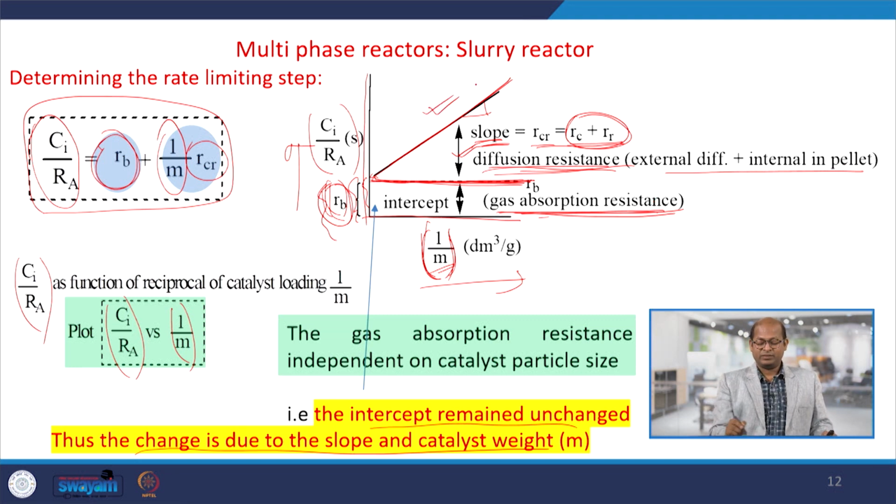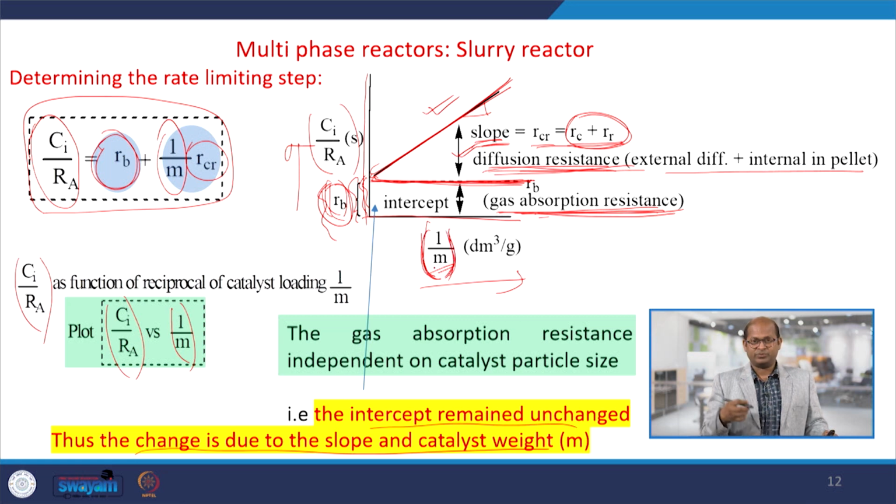Only the diffusional resistance part will be affected, linearly. This part would not be affected if we change the catalyst quantity, more or less, since gas phase absorption is related to the gas and liquid, not to solid particles. So gas phase absorption resistance depends on that interface, not the catalyst.